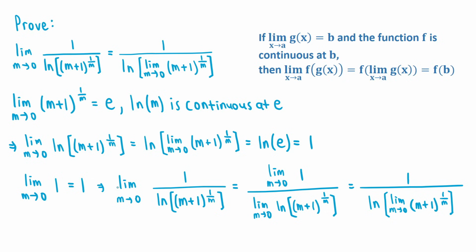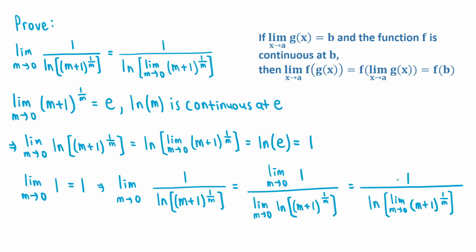And we can conclude that the limit as m approaches 0 of 1 over ln of m plus 1 to the 1 over m equals the limit as m approaches 0 of 1 divided by the limit as m approaches 0 of ln of m plus 1 to the 1 over m, since both the limit in the numerator and the limit in the denominator exist, which we showed earlier.